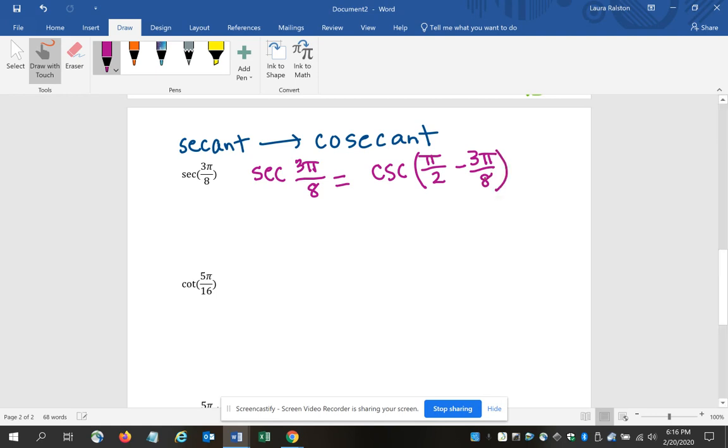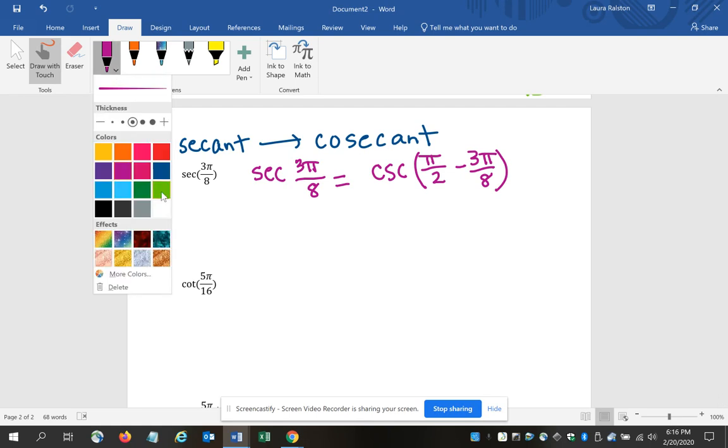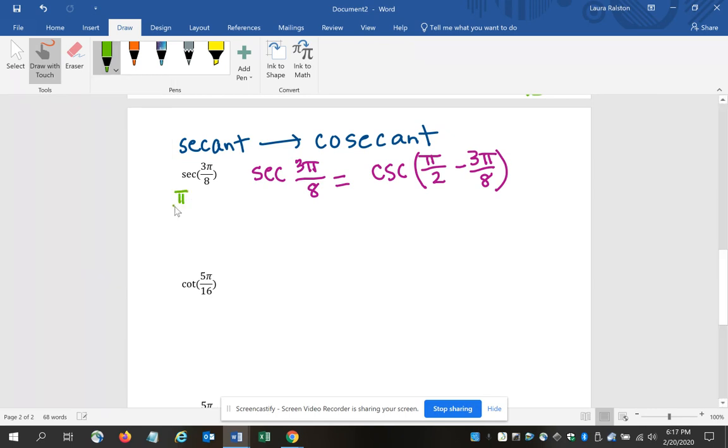Now here again, in order to subtract those two things, you do have to have a common denominator. So you probably have to go over to the side and do some scratch work. If I have pi halves minus 3 pi eighths, my common denominator is going to be 8. 2 times 4 is 8. 4 times pi is 4 pi. 8 times 1 is 8.